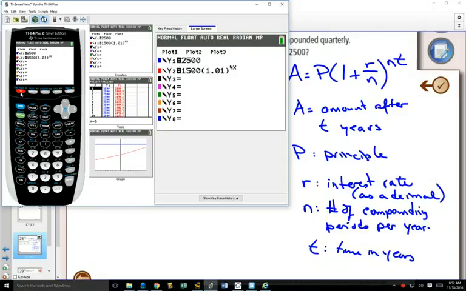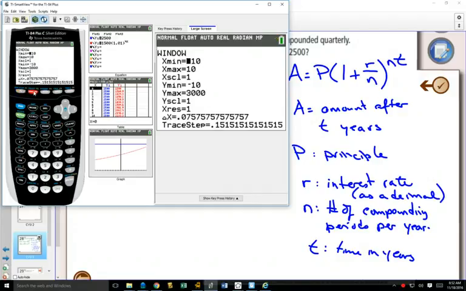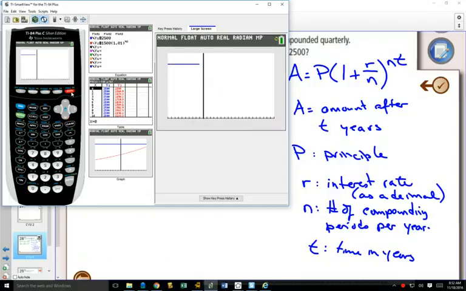So yes, we can see the 1500, we can see the 2500. They don't intersect yet. So I go to my window. I'm going to change my x max. I'm going to go to 20 because I think that's going to be more than enough to see where they intersect. And sure enough, they do on this graph.